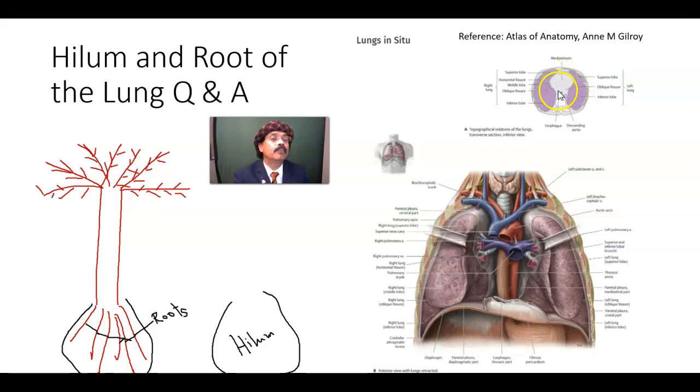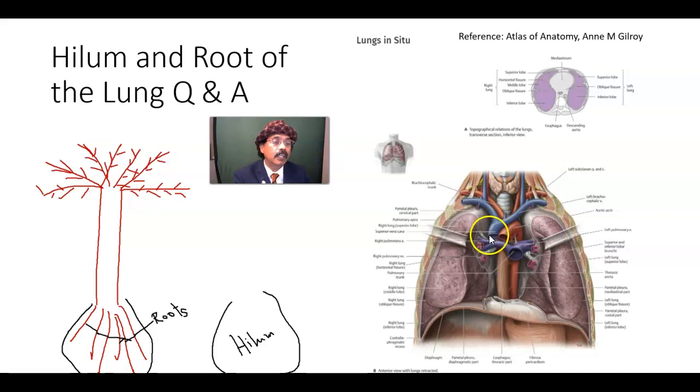We have the esophagus, the descending thoracic aorta. These are all part of the mediastinum. We have the superior mediastinum and the inferior mediastinum. The inferior mediastinum has three divisions: anterior, middle, and posterior. We discussed this in our mediastinum video.